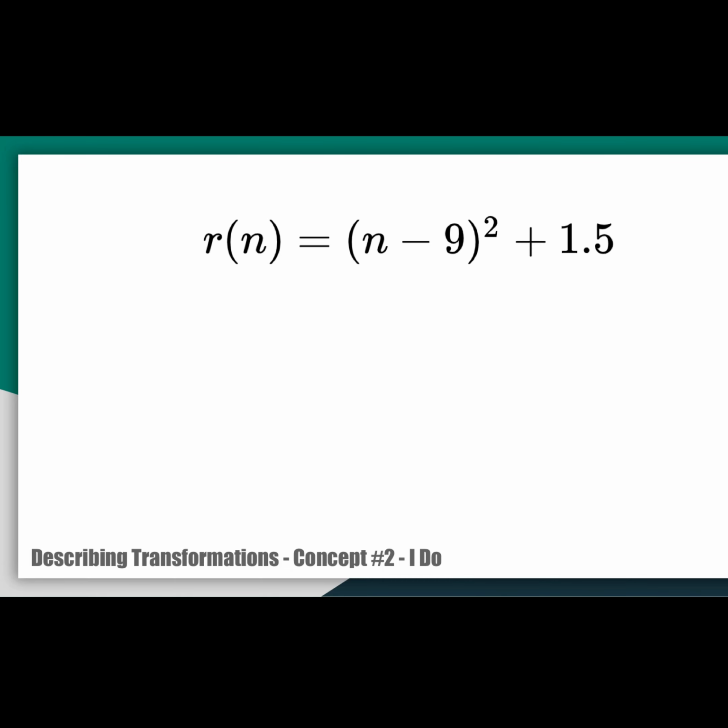So here we would say that this is a minus 9, right? So we flip that, so h would be 9, and your k would be 1.5. So we say this is, let's go horizontally translated 9 units to the right.